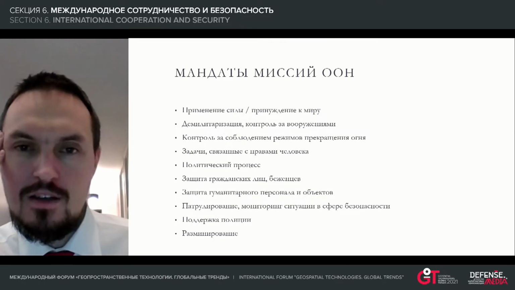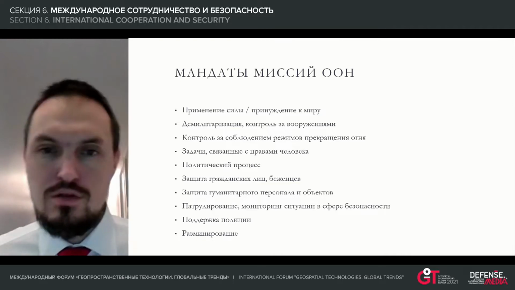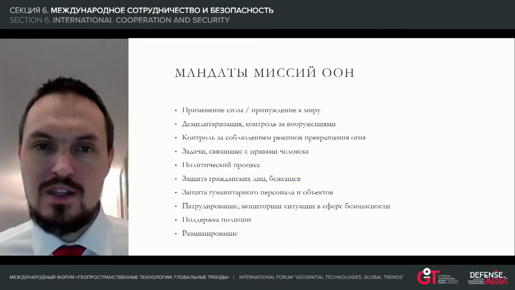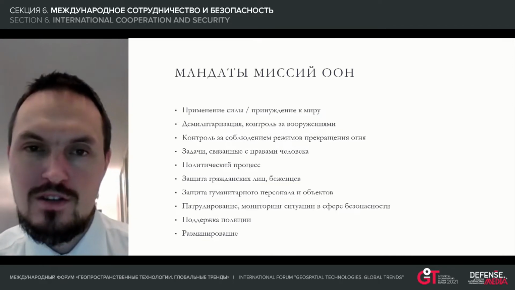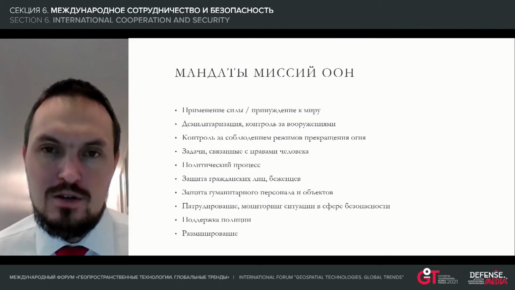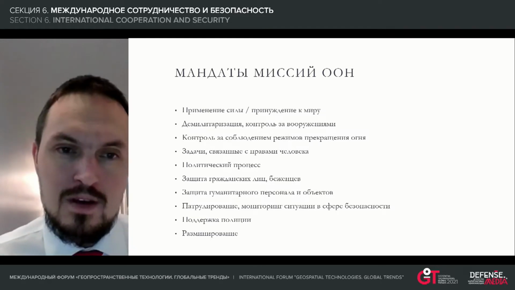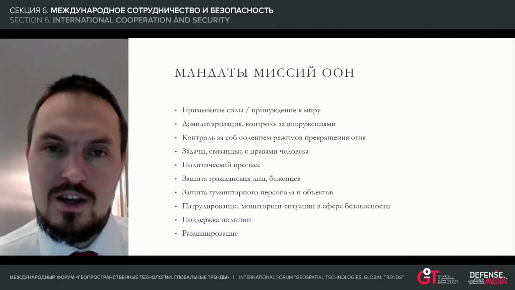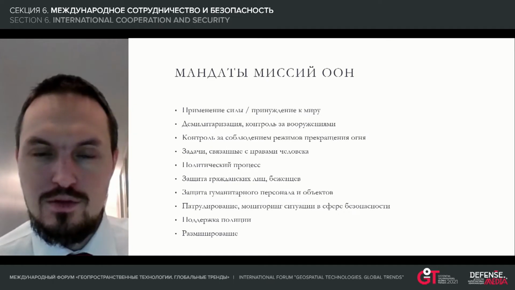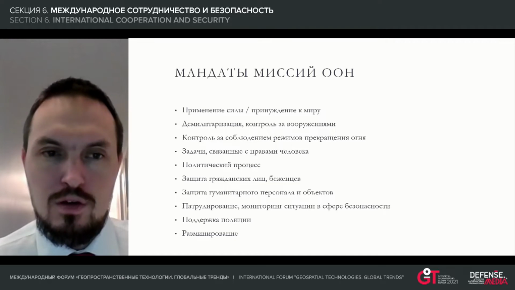Mandates is something that gives an assignment to conduct a mission. The mandates of missions of the UN are listed here, and this list is not exhaustive. Other missions may have other mandates, but this list demonstrates a great variety of the assignments and tasks. The first task that a peacemaking mission could have is forcing to peace, using force.